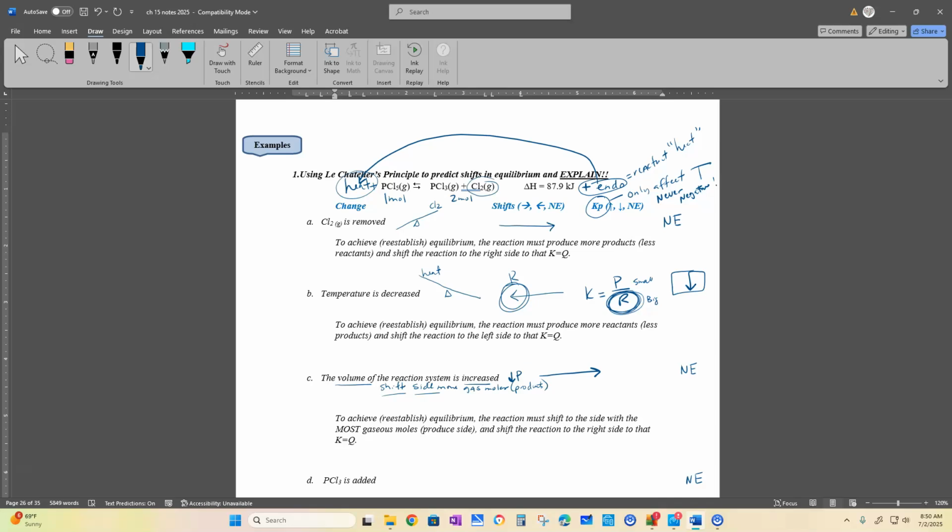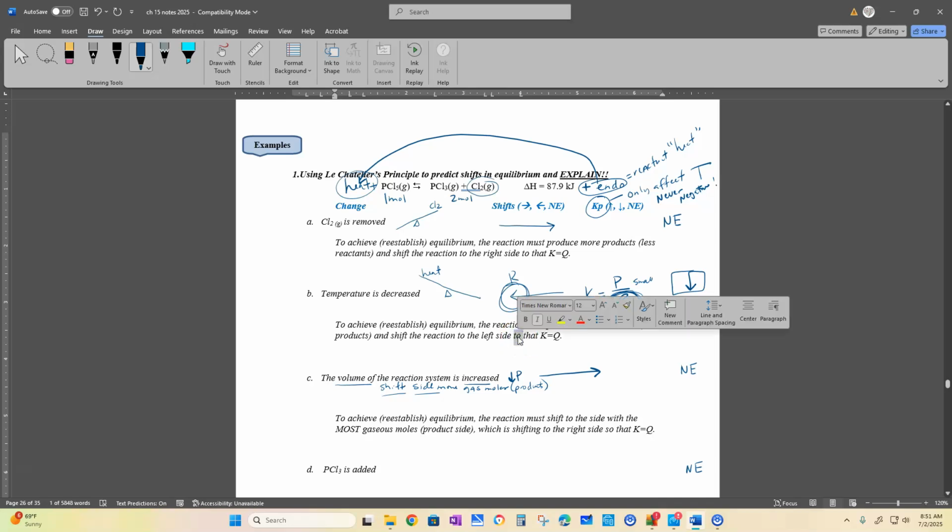The reaction must shift to the side with the most gaseous moles, aka product side. Whoops, product side, not produce side. Which is shifting to the right side so that K equals Q.